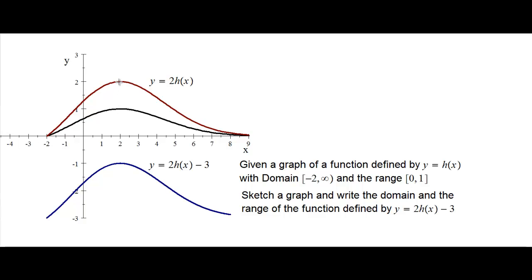And then when we subtract 3 from every y value, this red graph will shift down by how many units? 3 units here. And the domain is still what? Negative 2 to infinity, including negative 2. And the range becomes what? Because of this shifting downwards, the lowest point is negative 3, and the highest is, for the closed interval, negative 1 here. All right.